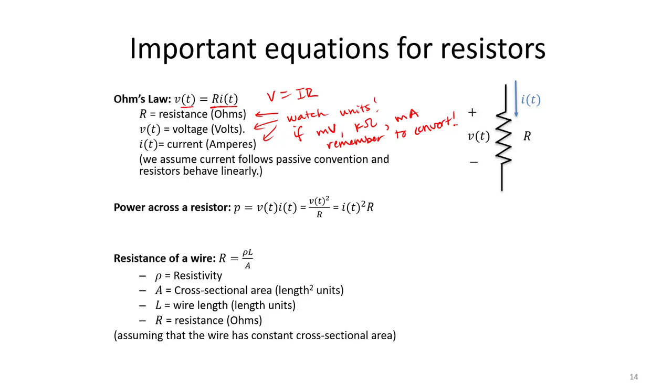And for this class, we generally assume resistors follow passive convention and have linear behavior. Another favorite equation for resistors is that the power through that resistor is equal to current squared times resistance, or voltage squared divided by resistance.